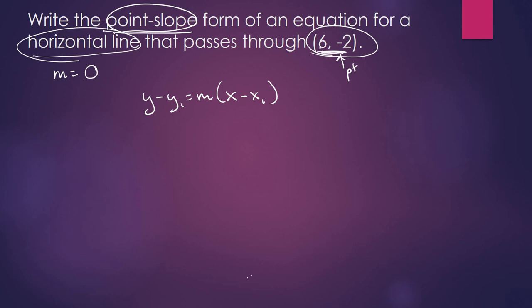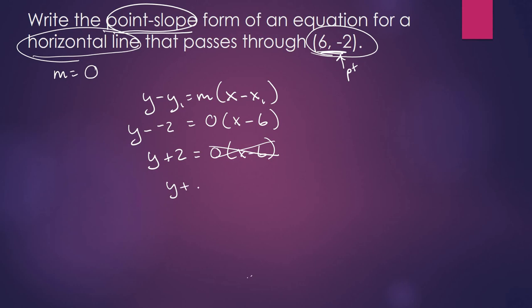Here's my point over here. So my x value is 6. My y value is -2, and my slope is 0. So I get y plus 2 equals 0 times x minus 6. 0 times anything is 0.